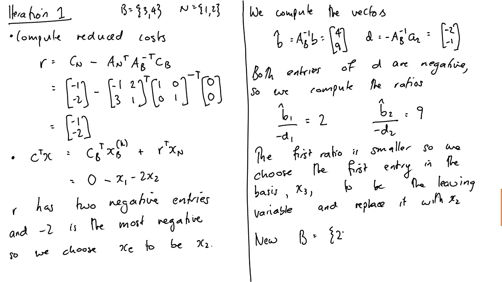So our new basis is going to be 2, 4. Notice we keep the order of the variables in the basis intact. And the new non-basic variables are going to be 1 and 3. So what we've done is we've done one whole iteration of the simplex method. Okay, and yes, let's go into the next one.